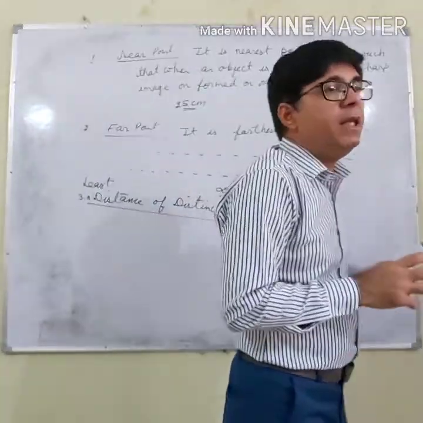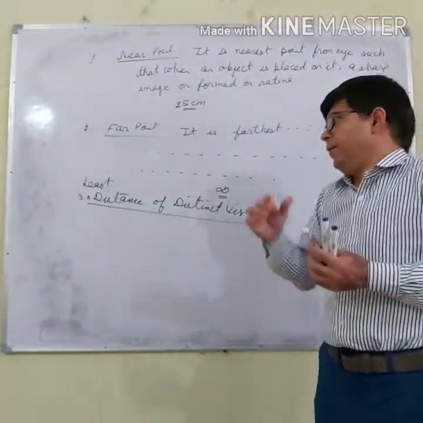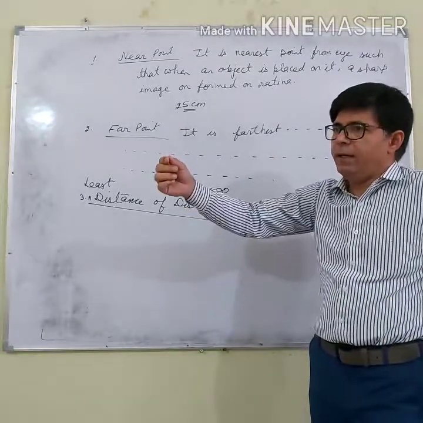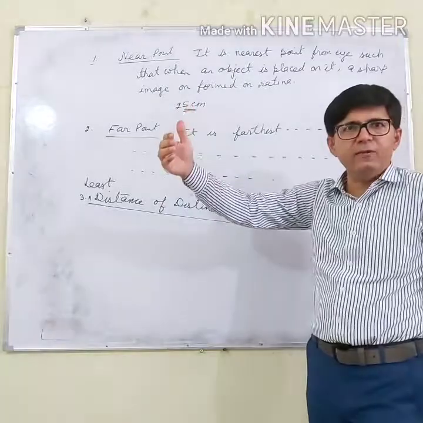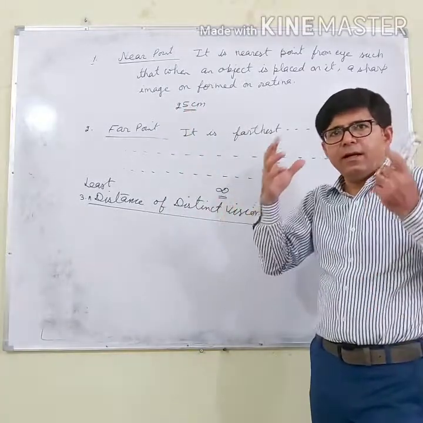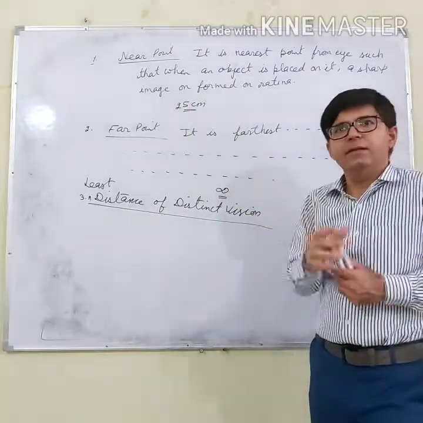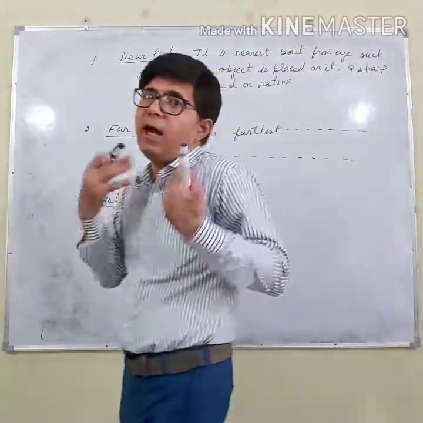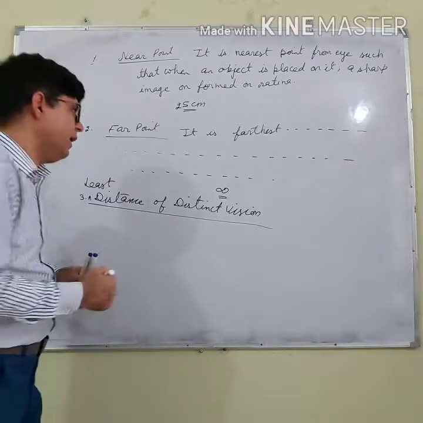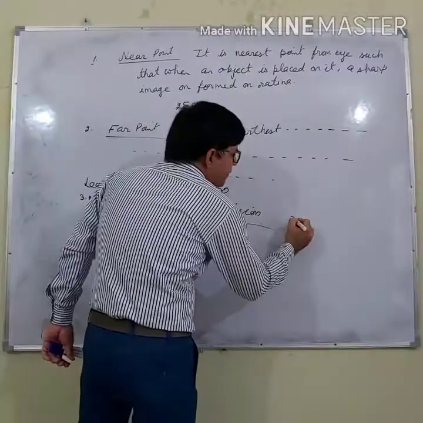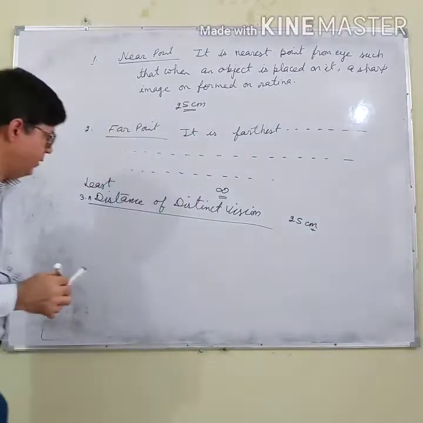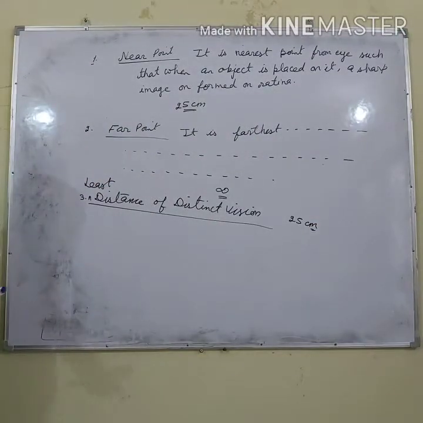It is the minimum distance between the eye and a point, such that when an object is placed on it, a clear, sharp image is formed on the retina, and this distance is, say, 25 centimeter. Now the fourth one is accommodation.